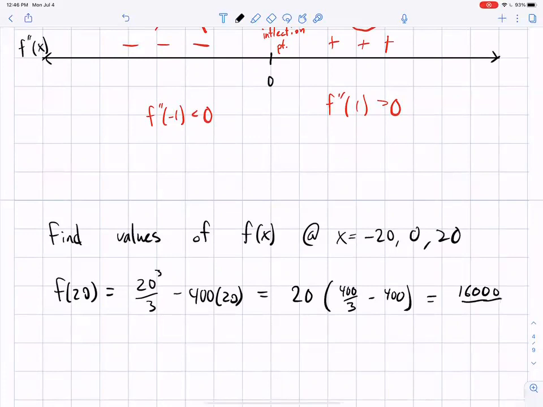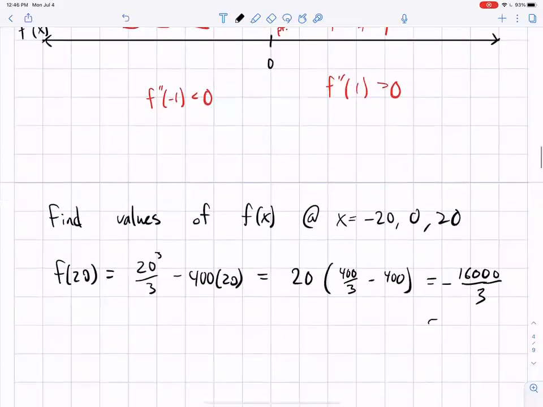So it's 16,000 divided by 3, negative. I believe that is right. It will be 800 times 20, yep, over 3. So this is roughly negative 5,333.33.